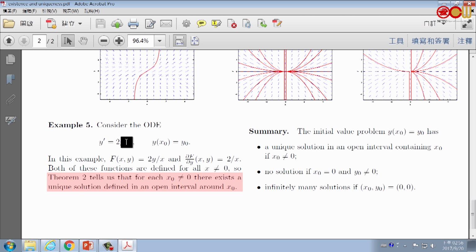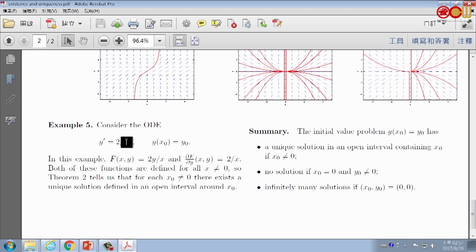This function is defined everywhere, but not at 0, because at 0 this one goes to infinity. It's defined for any x not equal to 0. This guarantees existence and uniqueness: if satisfied for x not equal to 0, the solution will be unique in the open area around x0. So the conclusion is, as long as your initial condition is not 0, you are guaranteed a unique solution.